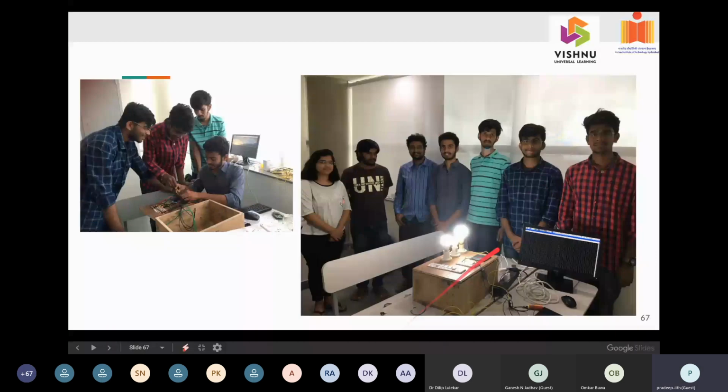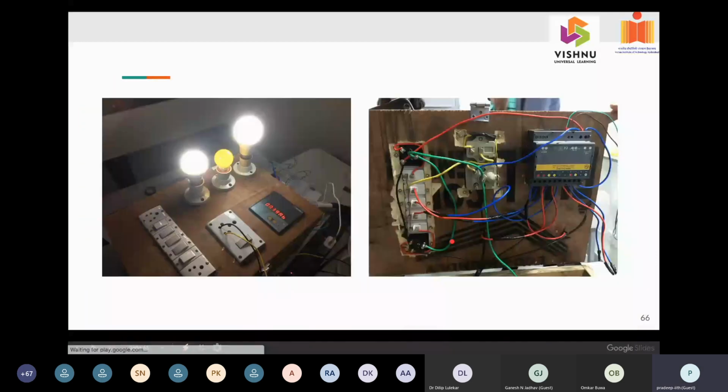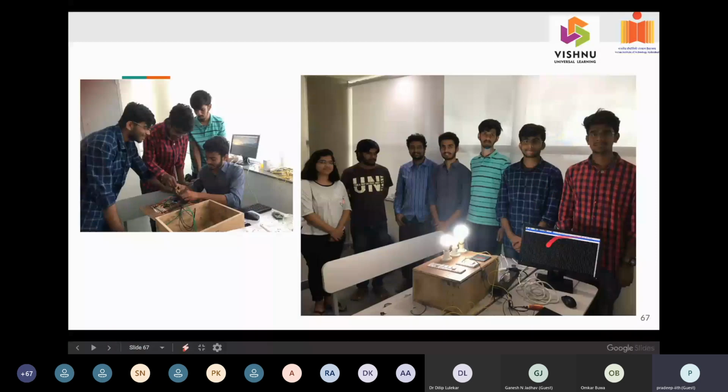You can see 3 lights on a single box, and there is one energy meter inside that. When you switch on the switches, the lights load will vary and the data will vary in the meter, and that data is extracted and displayed on the computer. The moment you change the switches, the lights will change, and the data on the computer screen also will change. So this is a project of data extraction from the meter, with just one single project.